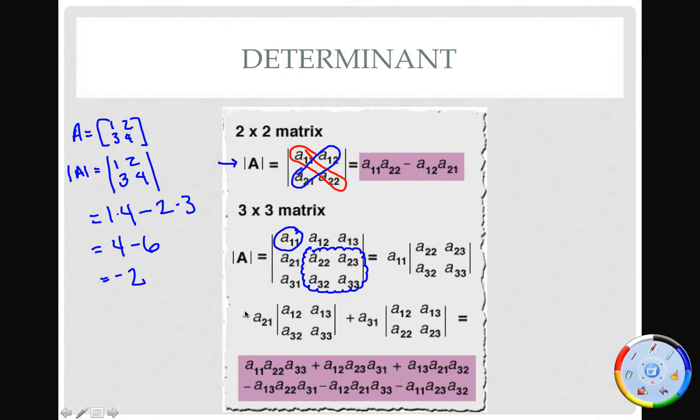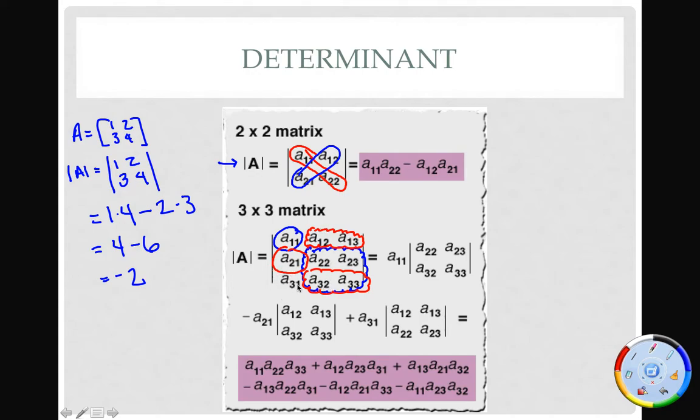Then it's minus the next one going down this column here. I cross out this row and this column, and I'm left with A12 and A13 with the A32 and the A33. So I'm finding the determinant of that little matrix.